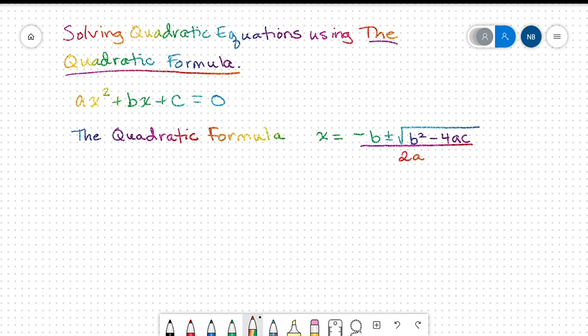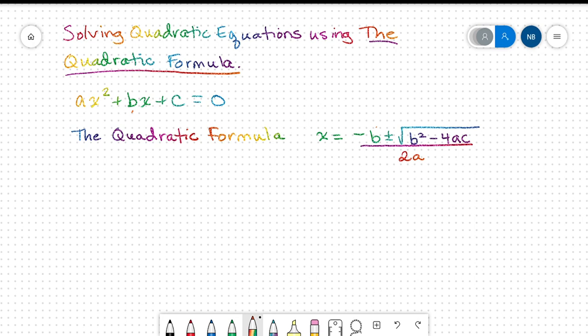Now notice b, the b right here, that's the coefficient on x. There's b again here, that's squared under the square root. There's a 4, that's just part of the formula.